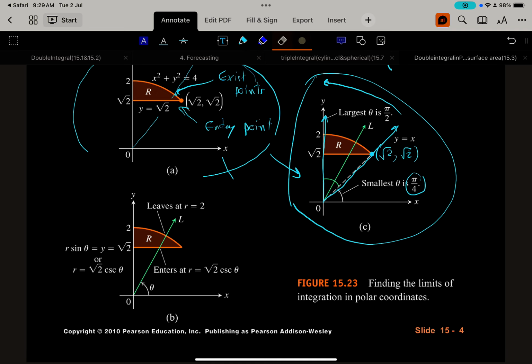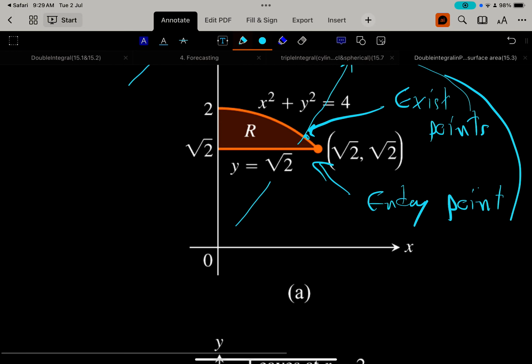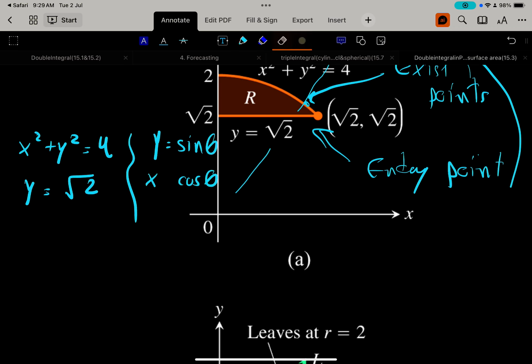So I do have two equations. Equation 1 is x squared plus y squared equals 4. I also have another equation, which is y equals square root of 2. Now, we know that in polar, y equals r sine theta and x equals r cosine theta. These are the conversions between Cartesian coordinates and polar coordinates, and vice versa.